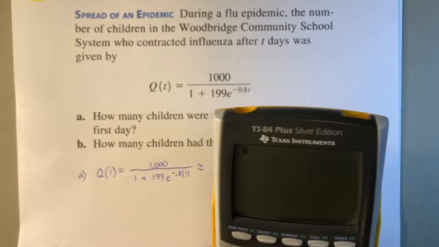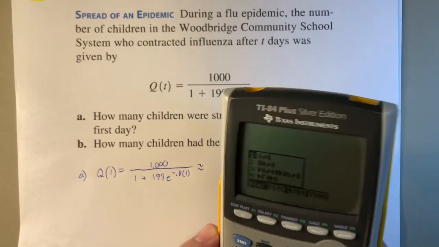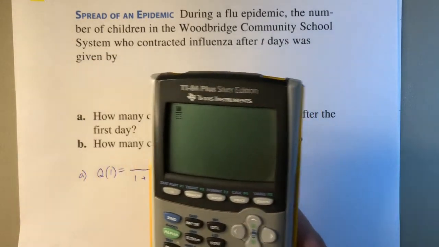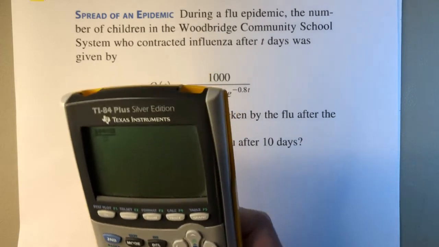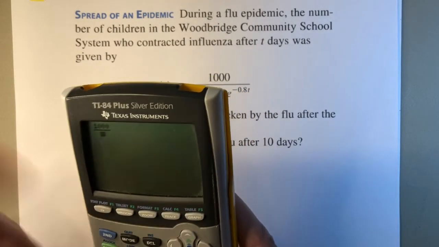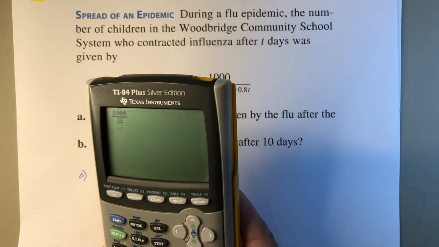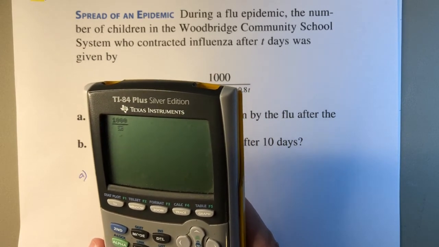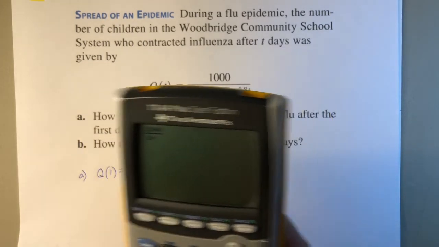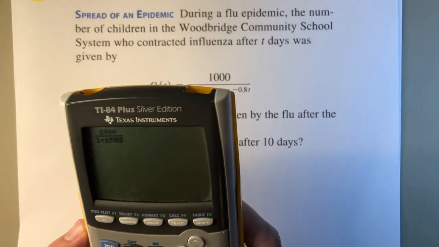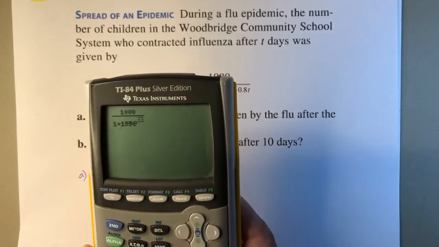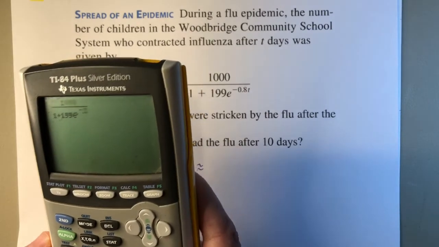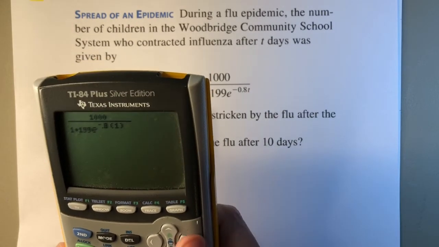So that's going to be 1,000 divided by, and you could do this separately. You don't have to do it this way if you don't want to, but it is 1,000 divided by the quantity of 1 plus 199 times base e to the power of negative 0.8 times 1, which is going to just be negative 0.8.